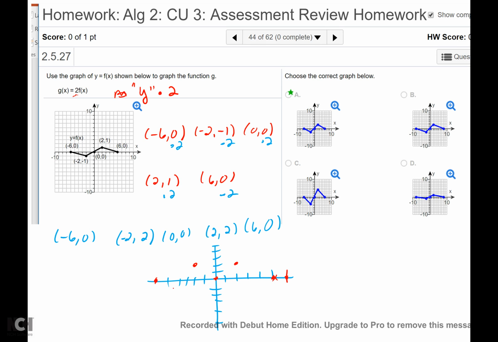Sorry. And if I connect that, it comes down, then it comes up, then it comes down. And notice this is going to vertically stretch it by 2, which can you see that, it does. It's much higher and lower now. Okay?